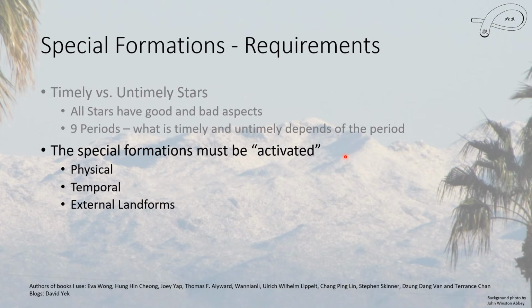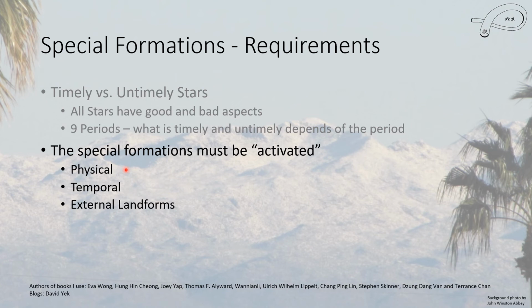One thing you'll have to understand too is that all of these special formations must be what they call activated. That means they must meet certain requirements, and exactly what requirements need to be met depends upon the formation itself. I'm not going to go into any great detail, but there are basically 3 classifications of requirements.